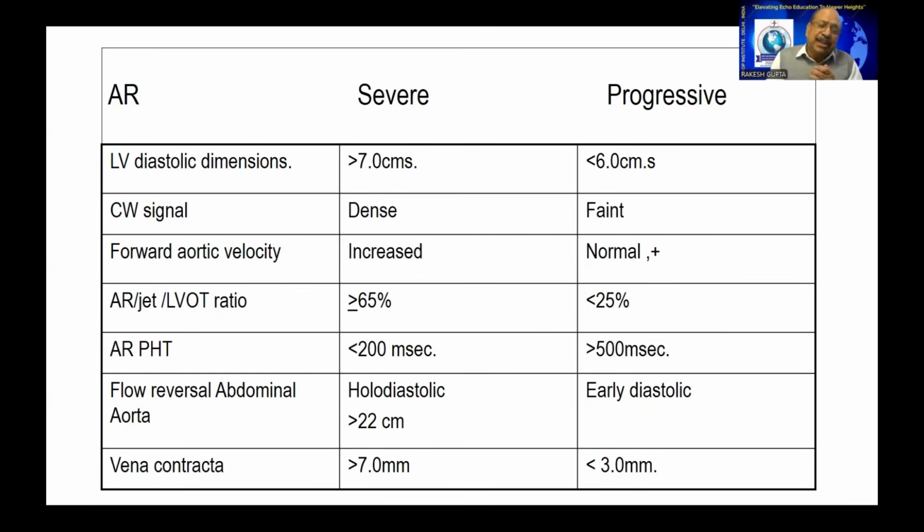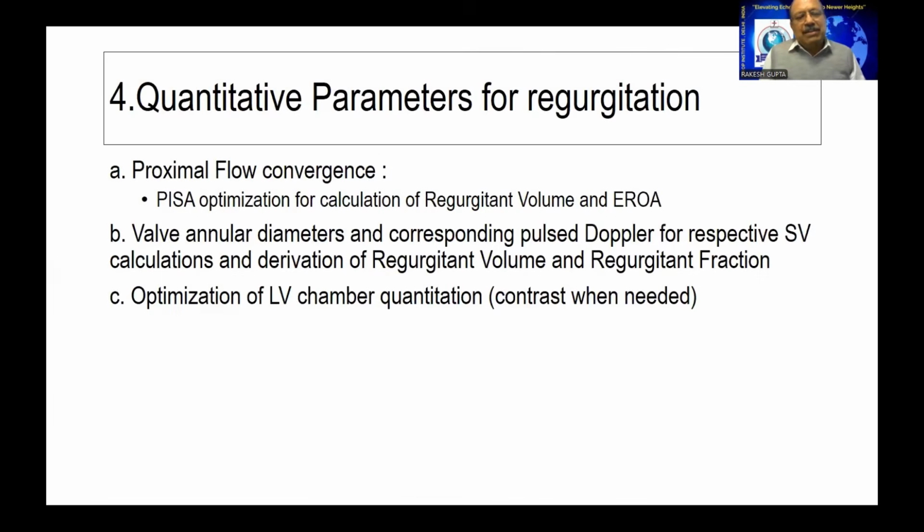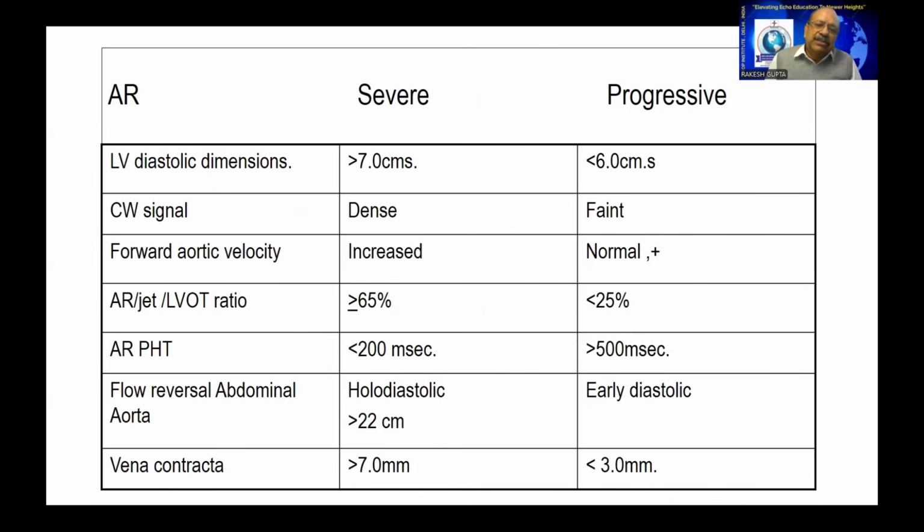Look at pressure half time, less than 200 milliseconds. And then go to suprasternal window to look for reversal of flow in the descending aorta. End diastolic velocity more than 22 or VTI more than 22. And these all will make a difference in calculating your severity versus progressive aortic regurgitation.